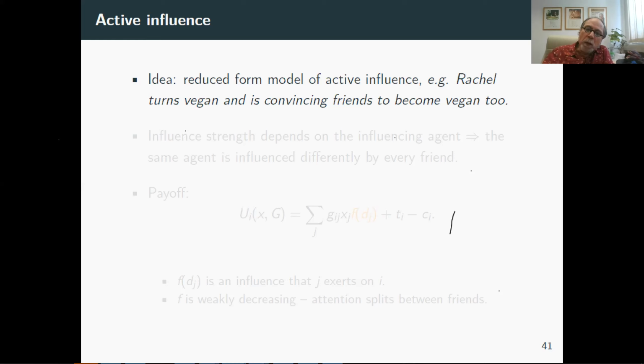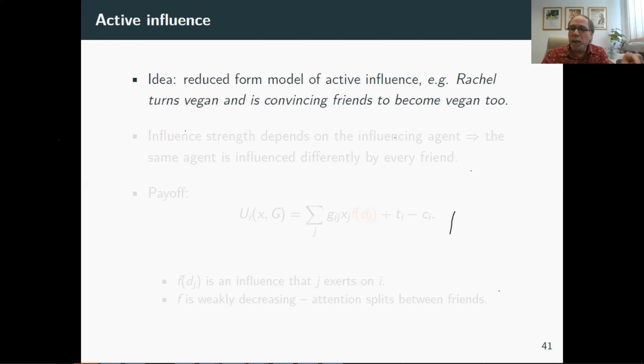So this is one comment. The other comment is that we could actually twist the model, and we talked about the player being passive, right? So I'm looking at my friend, and I'm asking how many of my friends are doing this action, and this determines my social influence, and accordingly, I decide whether I take the action or not. You could have a dual model in which each node is active. So the influence is active.